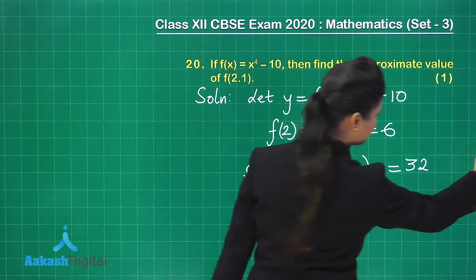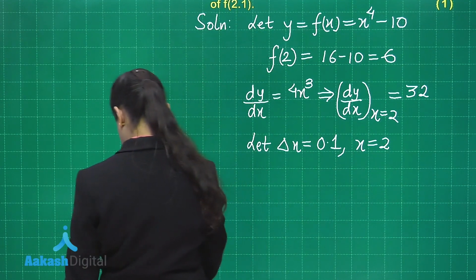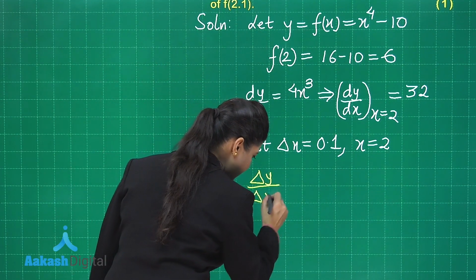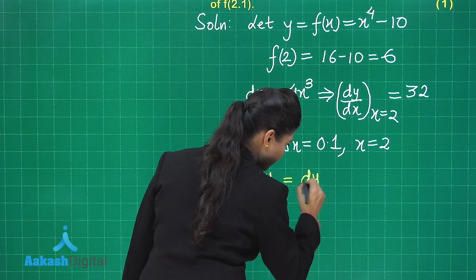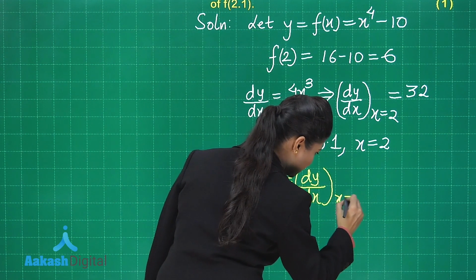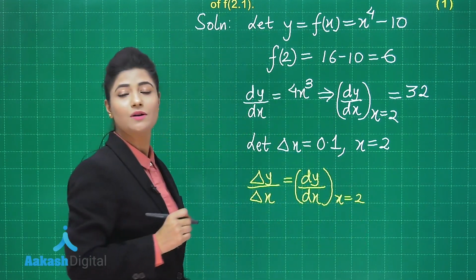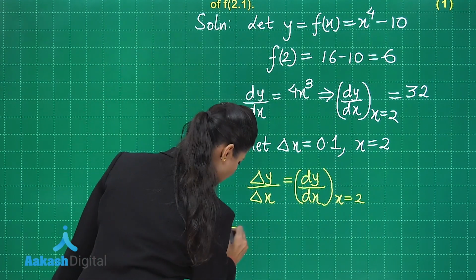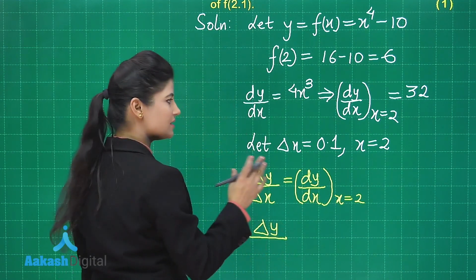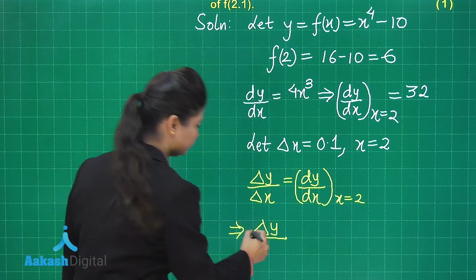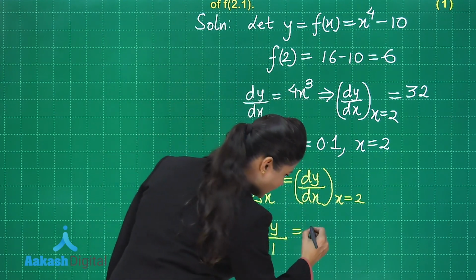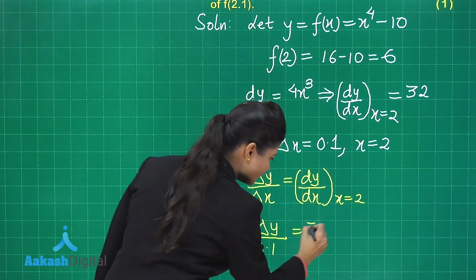Taking that case into consideration, we can definitely state that delta y upon delta x is equal to dy by dx at x equal to 2. So if that is the case, through this I can easily get the value of delta y. So delta x is already 0.1, delta y is not known, dy by dx at x equal to 2 has been obtained as 32.